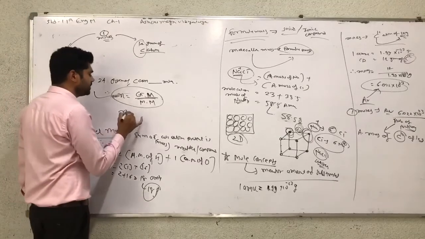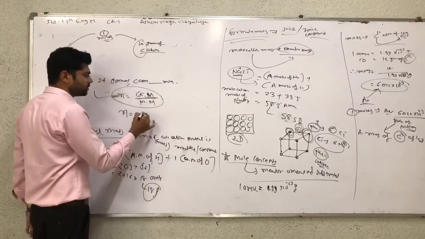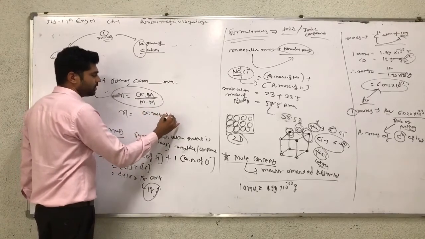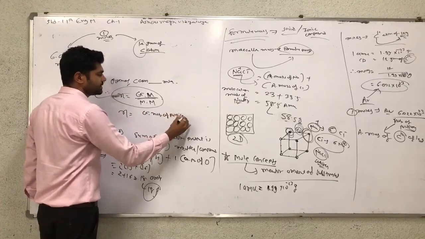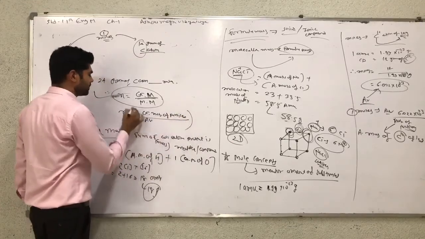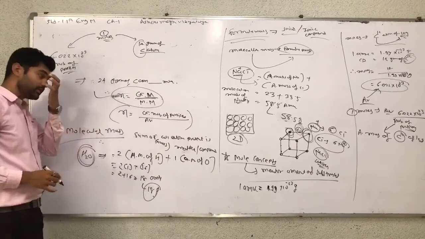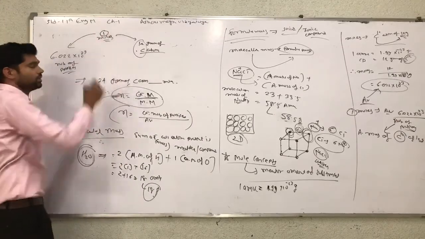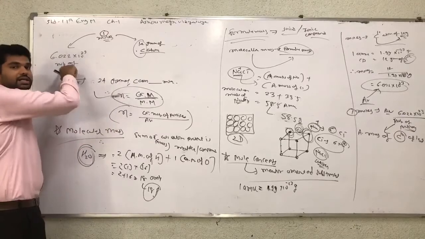And another equation: number of moles is equal to given number of particles divided by Avogadro number. So remember these two equations. This is mass to mole, and another is particles to mole.